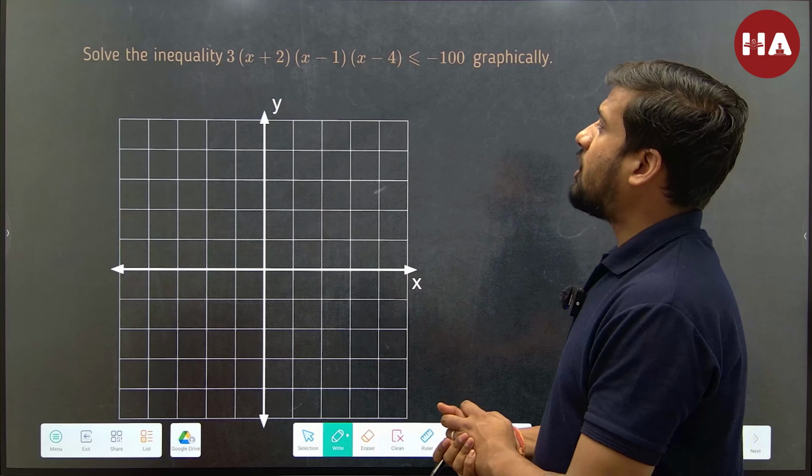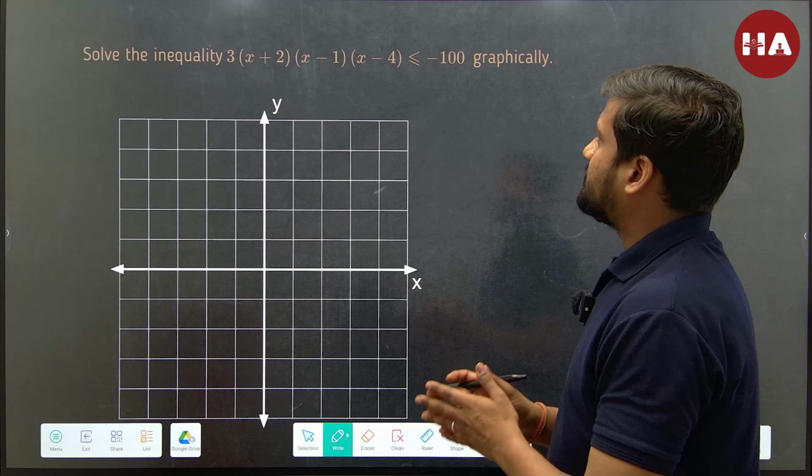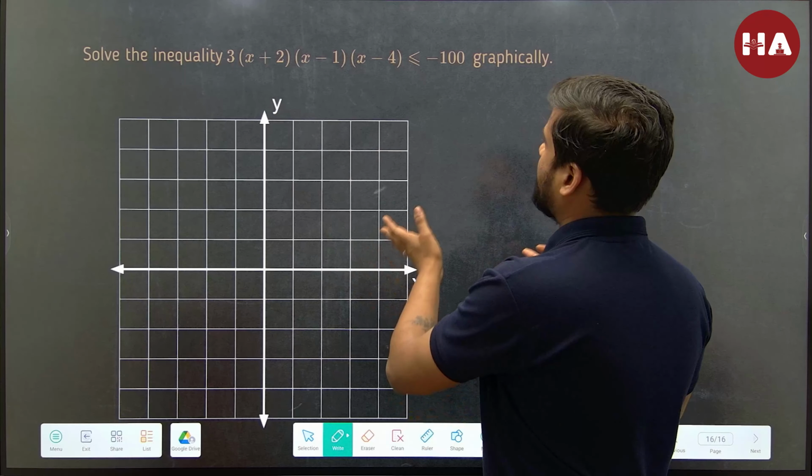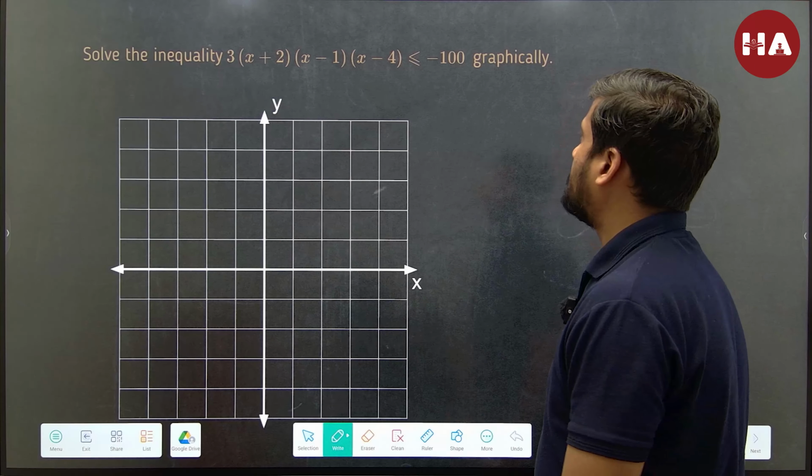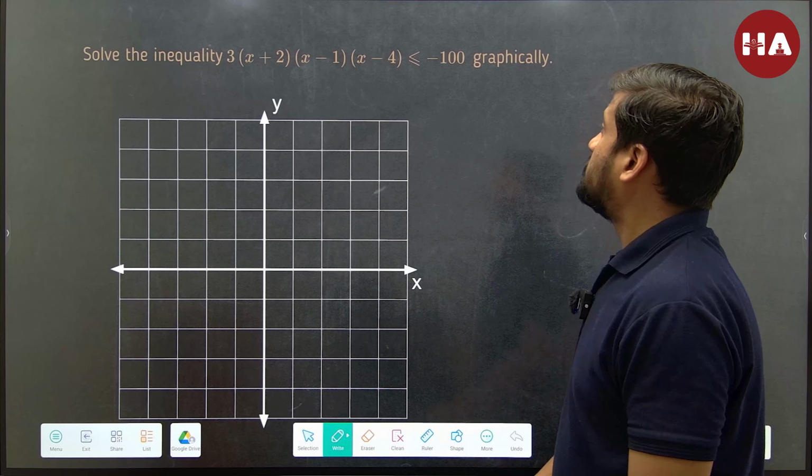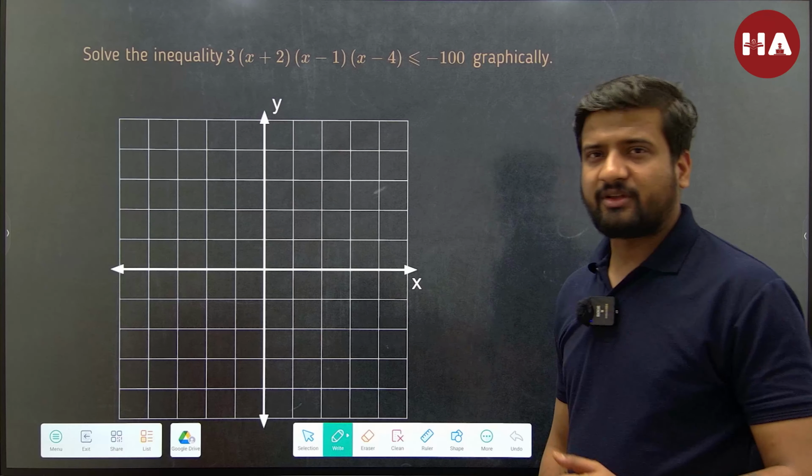And the question is, solve the inequality 3 times (x plus 2), (x minus 1) and (x minus 4) is less than or equal to minus 100 graphically.